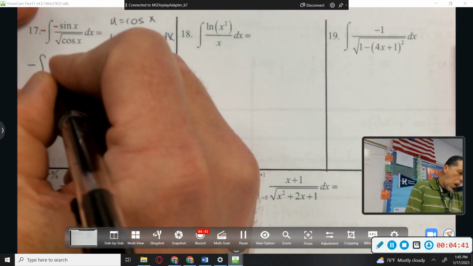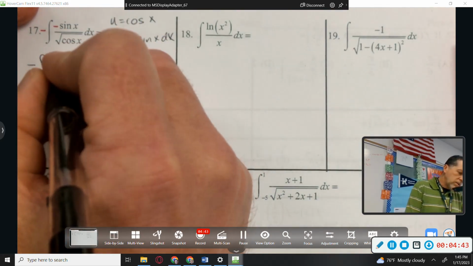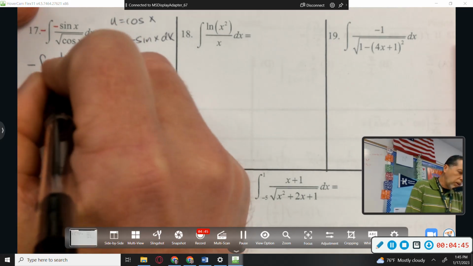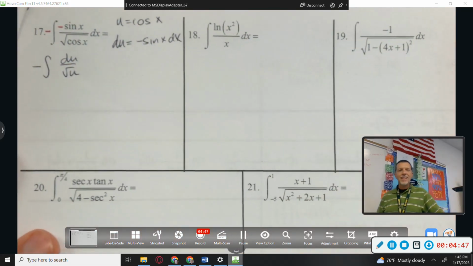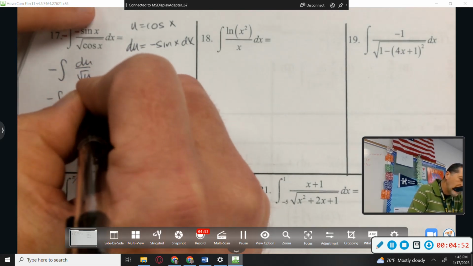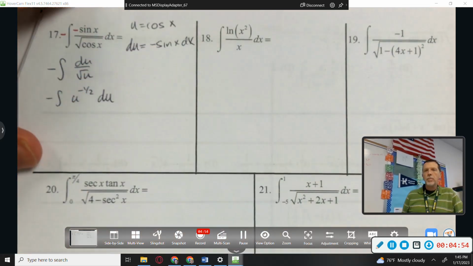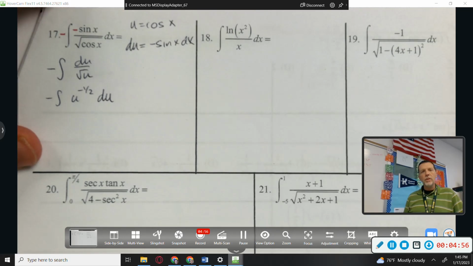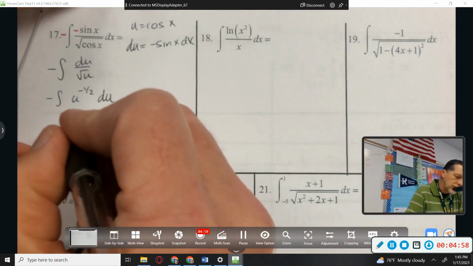So let's see, du over the square root of u, but I don't like that because I can't. u to the 1/2. Let's do u to the negative 1/2. And now we're good because now it's a power rule problem.